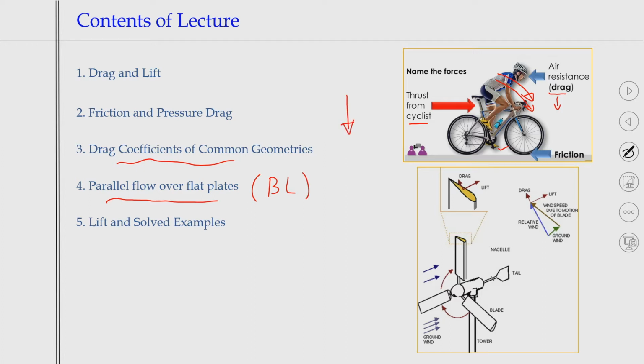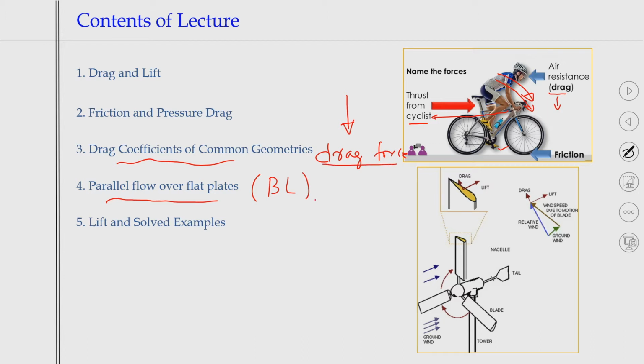drag forces act in the direction of the flow. In the direction of the flow, because of air resistance and flow structures, all of it creates an effect equivalent to a drag force.